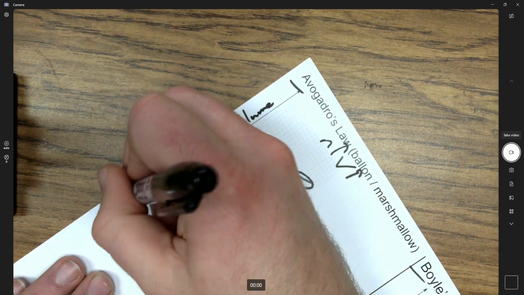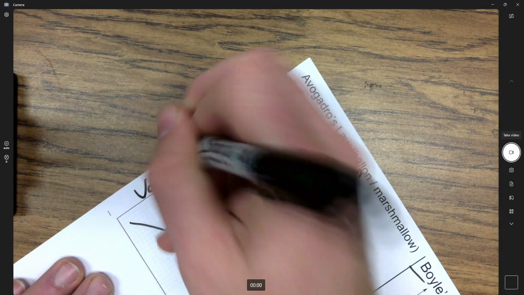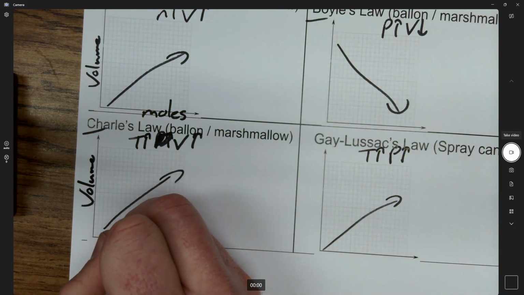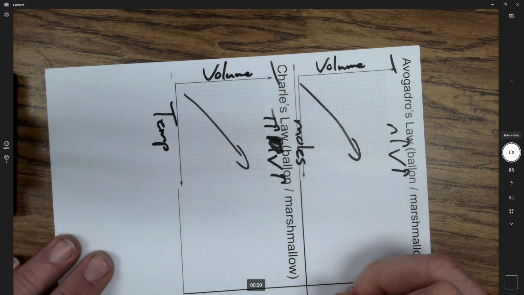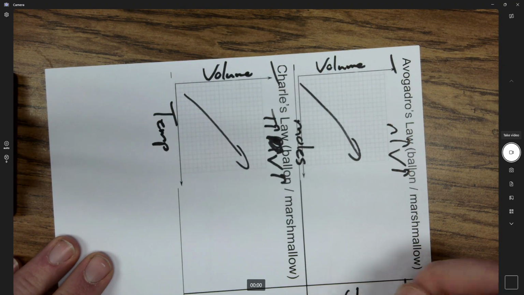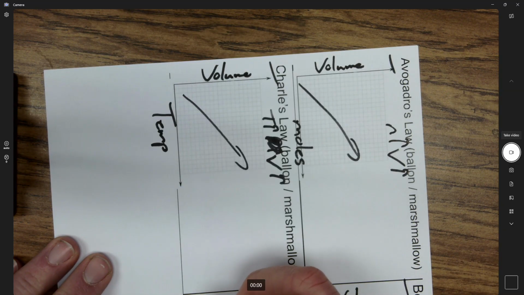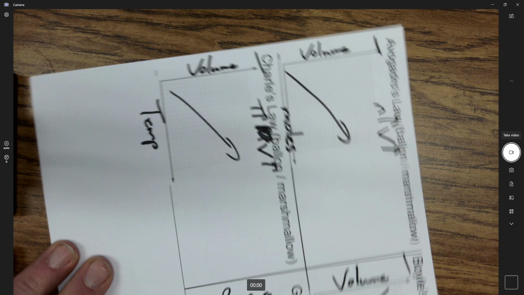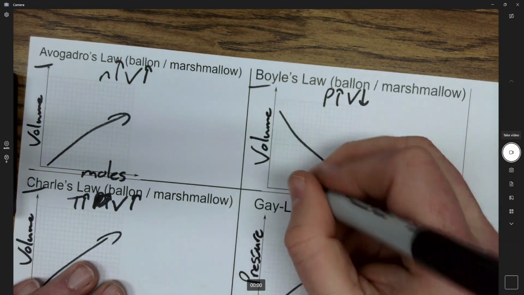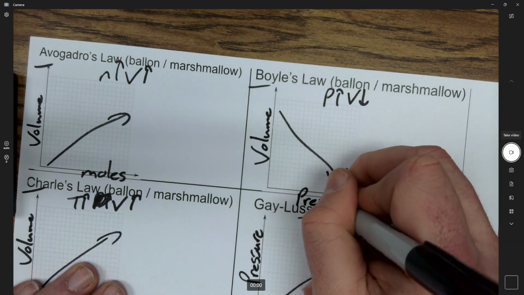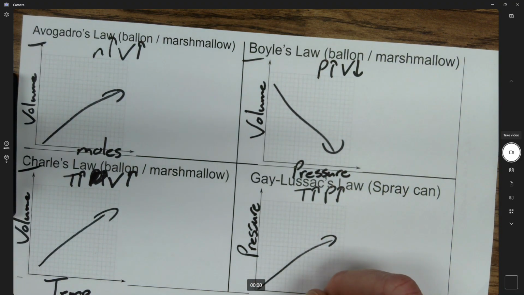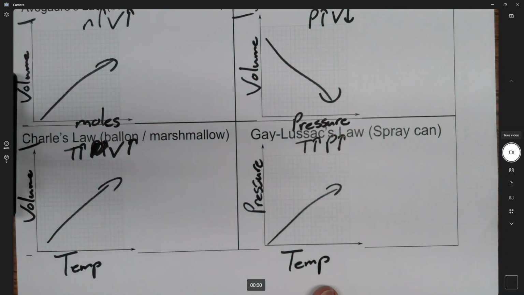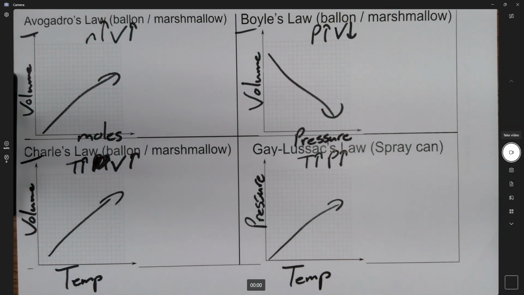Here we have volume over temperature. Here we have volume over pressure. And pressure over temperature. These are our four laws that we are going to work a lot with.